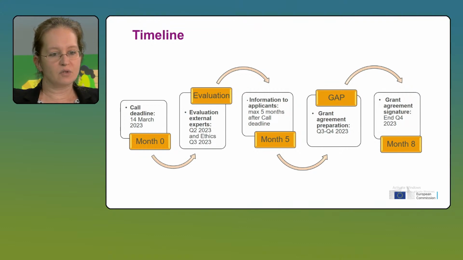We intend to inform the applicants, usually by rule, 5 months after the call deadline. After this, once the successful applicants have been informed, we launch what we call the grant agreement preparation, which will take place during the third and the fourth quarter of 2023. And we're looking to have the grant agreement signature at the end of the fourth quarter of 2023.